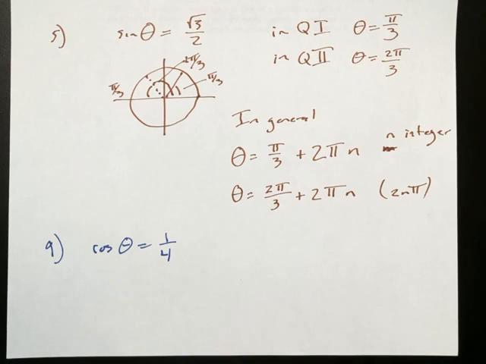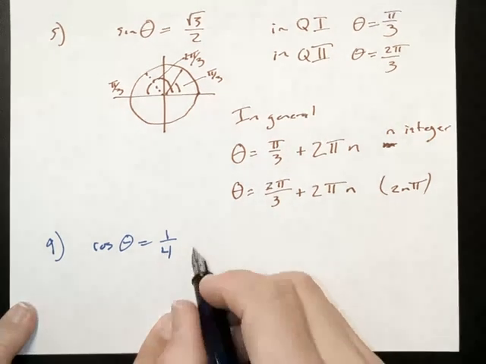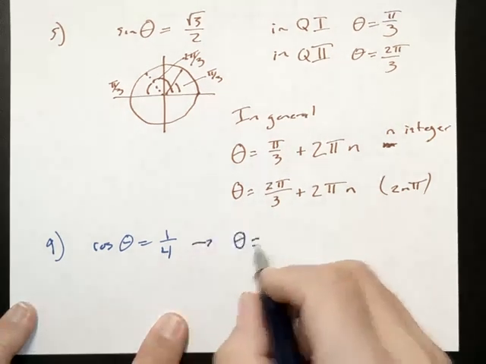Where does cosine repeat itself? One whole wiggle of the cosine function takes how long? That's still 2 pi. But cosine inverse, because I don't know what this angle is, the only way to find it is to use an inverse function.